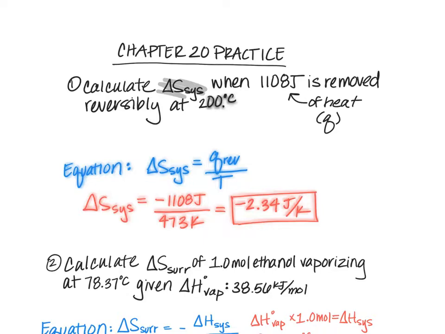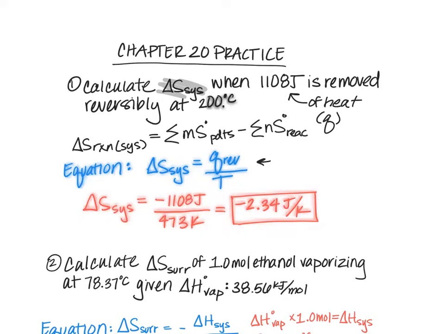You would see delta S of the reaction, which is the same as the system, equal to the sum of the moles times the molar entropy of the products minus the sum of the moles times the molar entropy of the reactants.